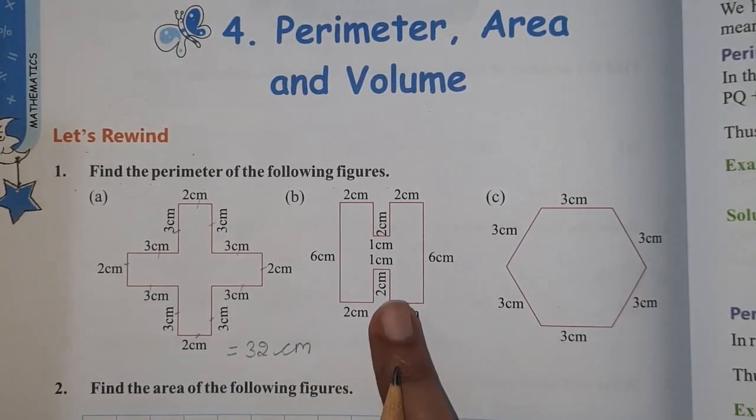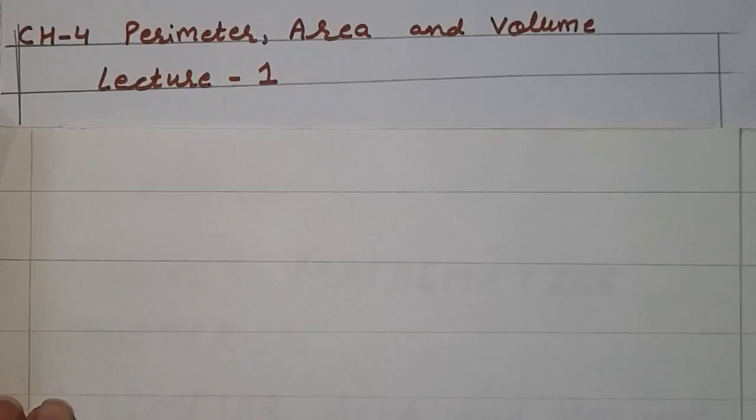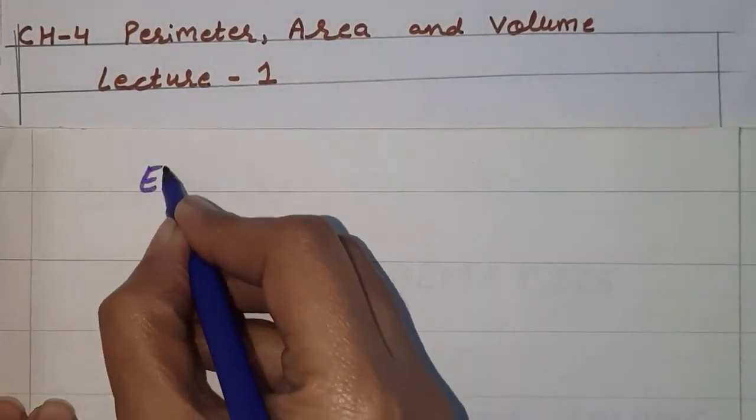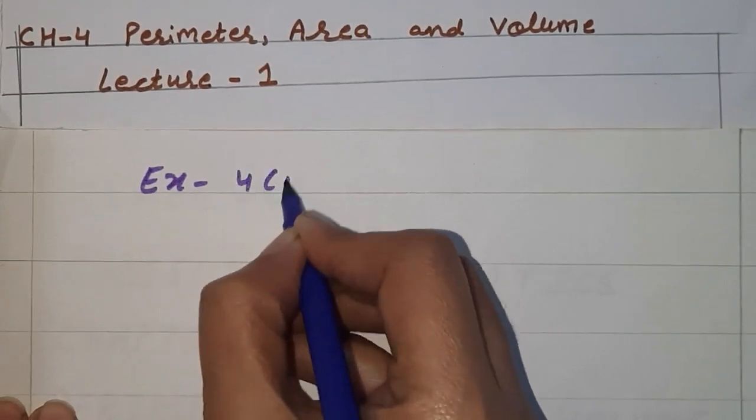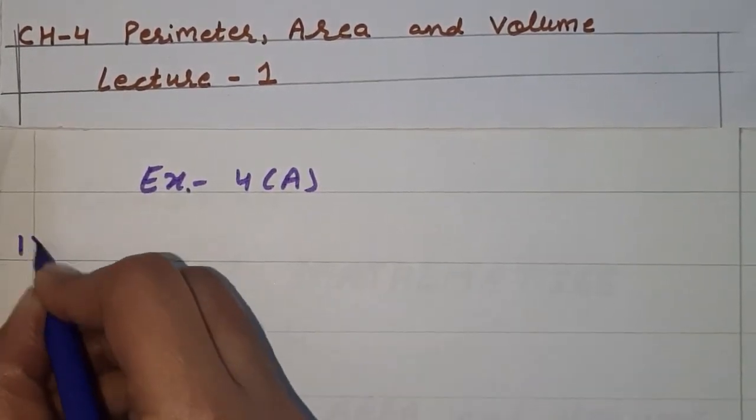In this way you will find out the perimeter for B and C part. Now we will start exercise 4A. Question number 1.